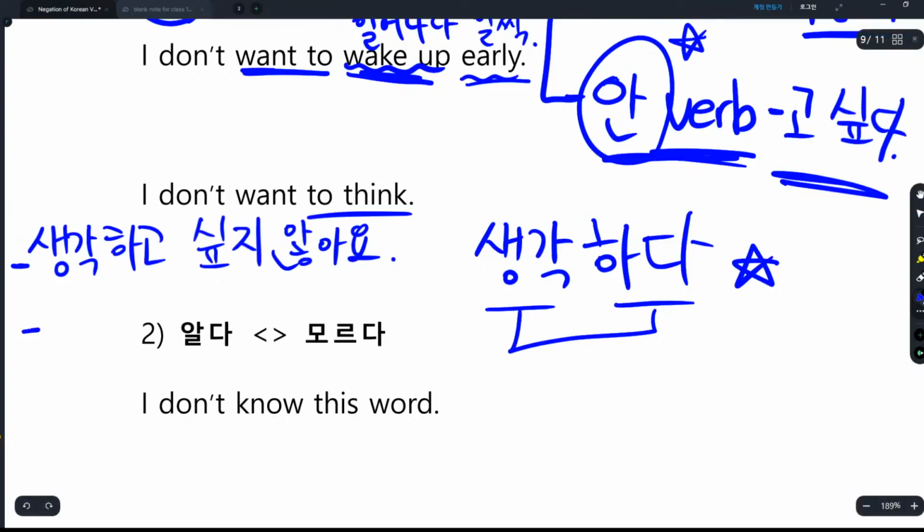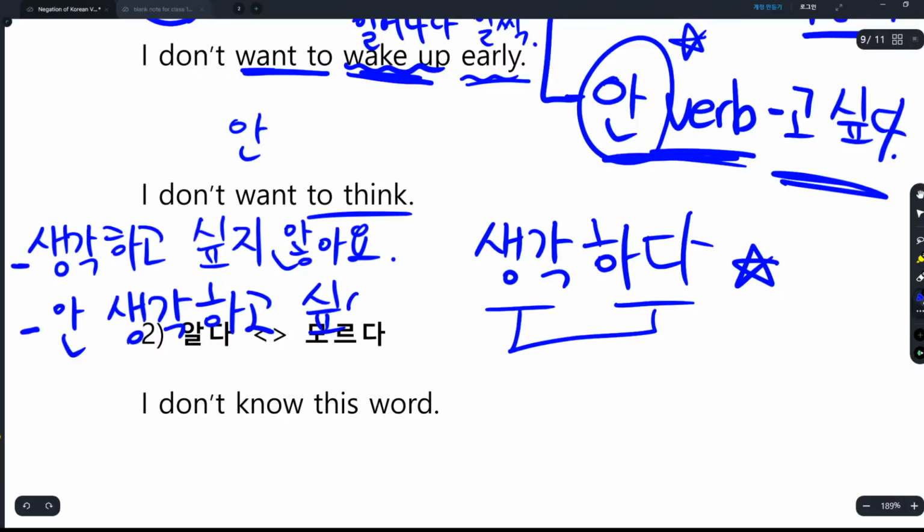And the second one, if you want to place 안 in the stem part, you can say 안 생각하고 싶어요. 여러분 이거 맞나요? 안 생각하고 싶어요 맞나요? If you say it like this, people will understand it, but it would still sound a little bit awkward.